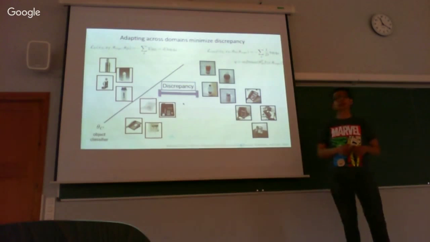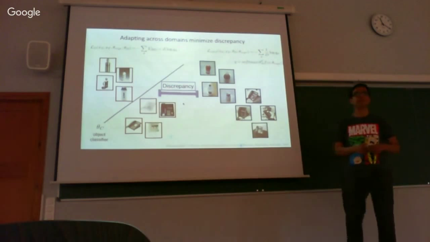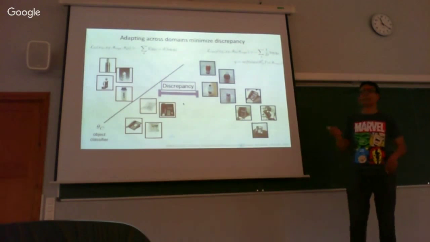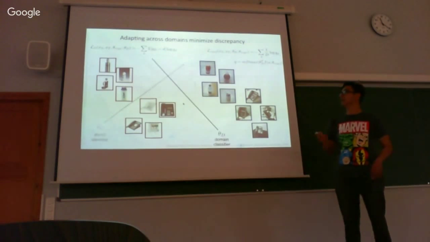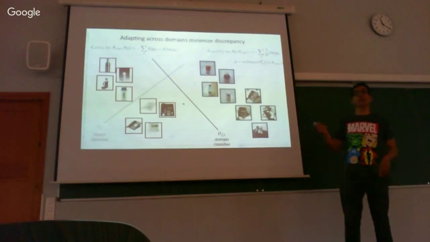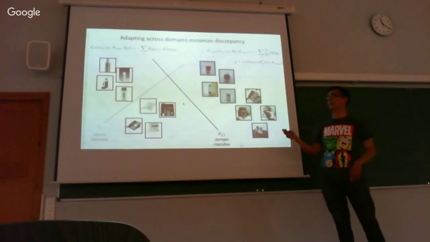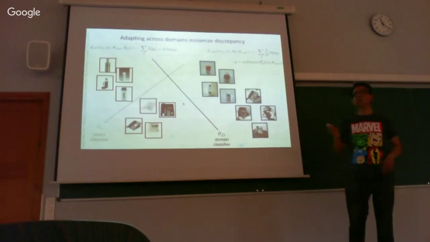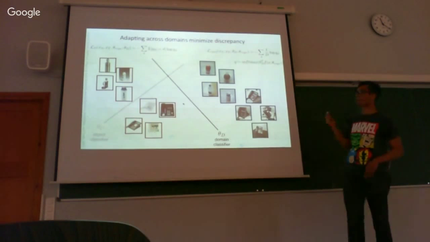The first one is to distinguish between domains, because we already know which images correspond to which data set. So they propose a domain classifier. We can distinguish between both. So the task is to make them indistinguishable. So they propose a confusion loss.